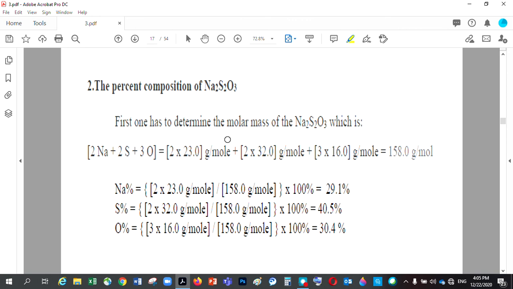The second example, I have the same kind of example. This is thiosulfate. I have to look at how much sodium percentage, how much sulfur, how much oxygen. Well, first of all, you have to get the molar mass of the whole molecule, which is Na2S2O3.